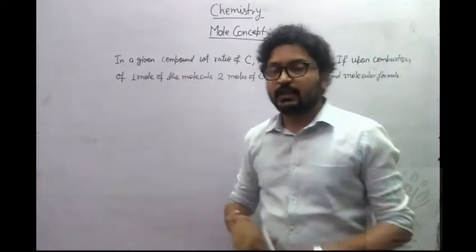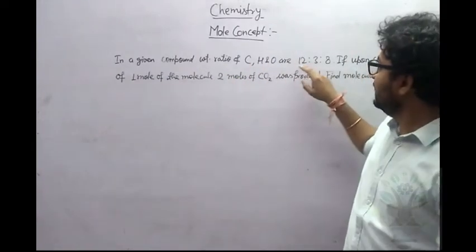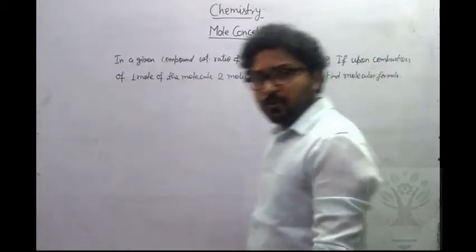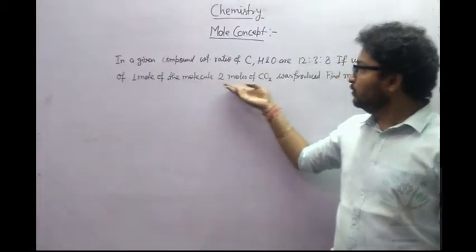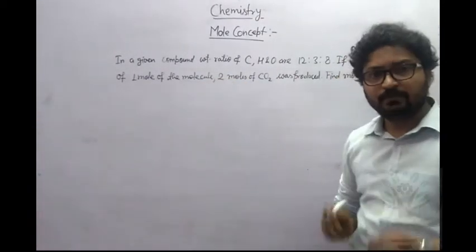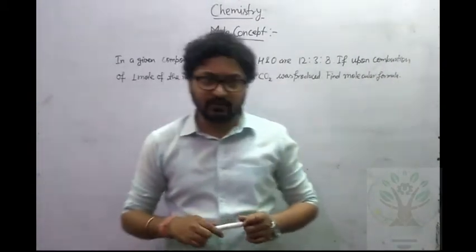The next question is, in a given compound, the weight ratio of carbon, hydrogen and oxygen is 12:3:8. So if upon combustion of 1 mole of the molecule, 2 moles of CO2 are produced, find the molecular formula. Again, the weight ratio of carbon, hydrogen and oxygen is given to you.